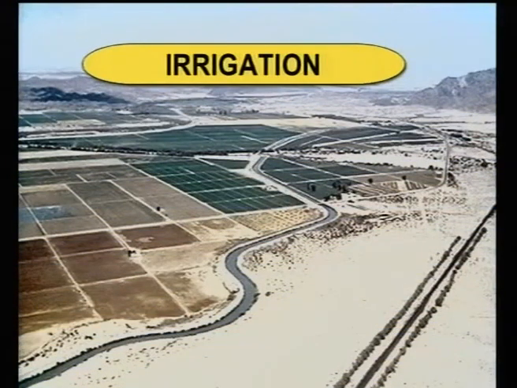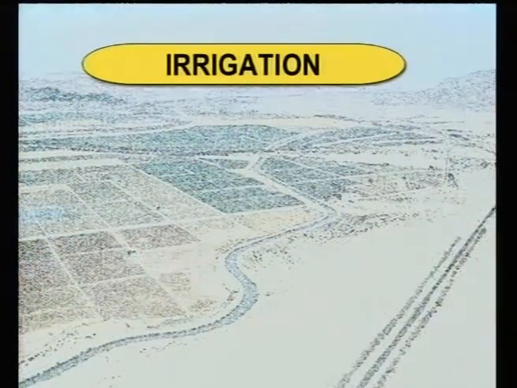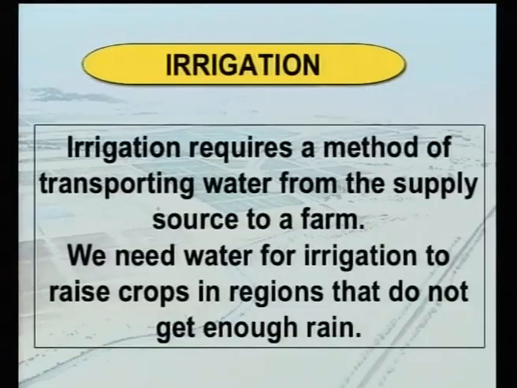Okay, let's have a look at an example here. Right here it reads, irrigation requires a method of transporting water from the supply source to a farm. Receiving students, we need water for irrigation to raise crops in regions or places that do not get enough rain.